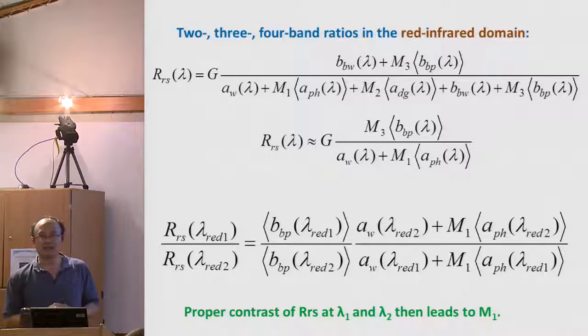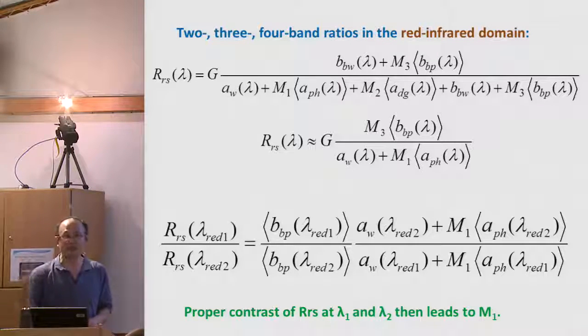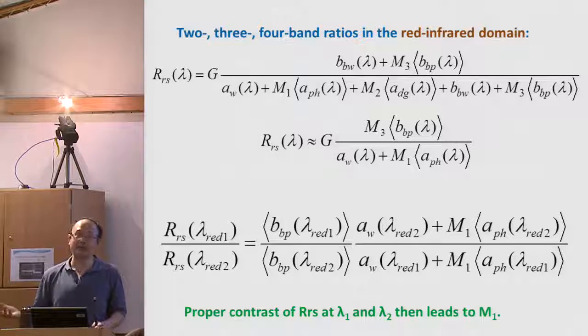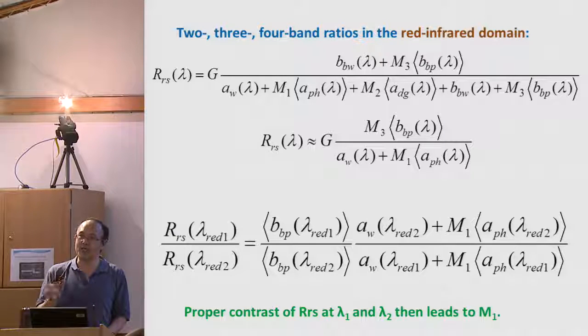It depends on the spectral information or sensors you choose. Then you can use this ratio to get M1. That's the fundamental reason for using these red bands, using that peak to get the concentration of bloom waters. It's a special case.